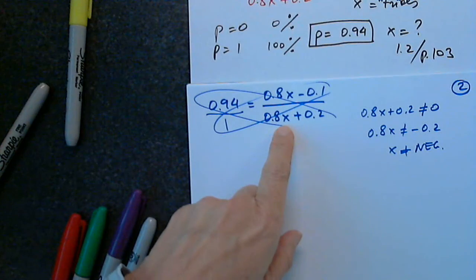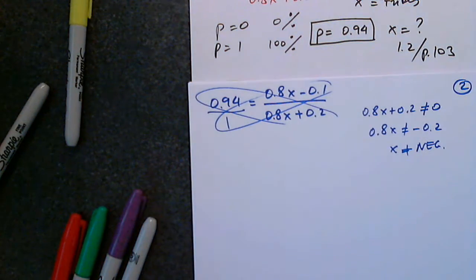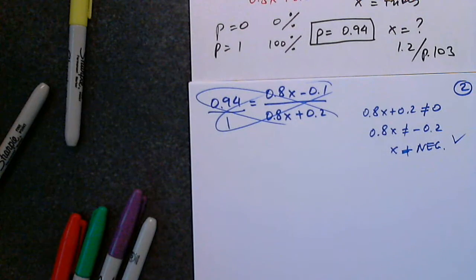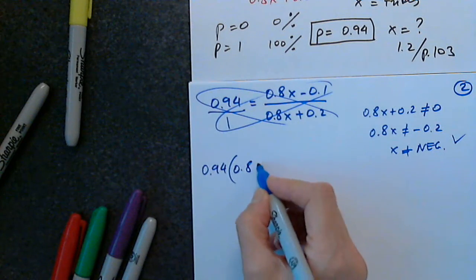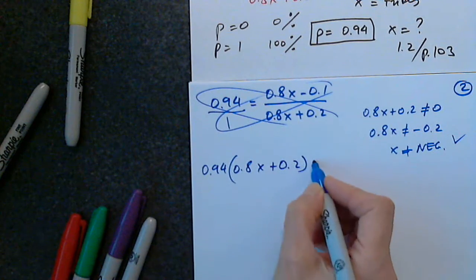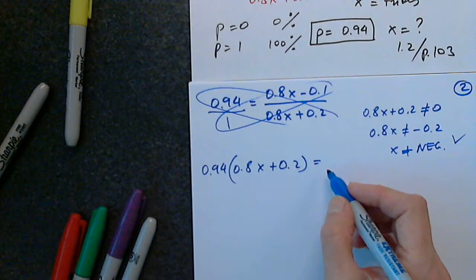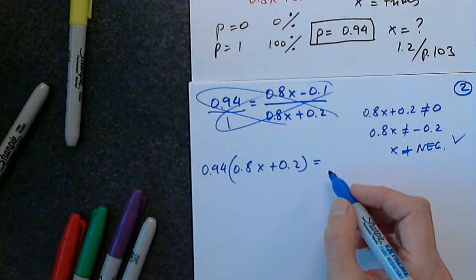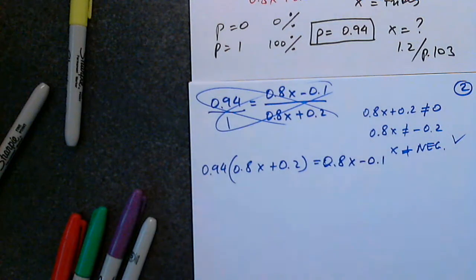So whatever x I have, number of trials times 0.8 plus 0.2, this will never be 0. So this is already fulfilled. I don't have to state restrictions. So then I will write 0.94 times 0.8x plus 0.2 must equal 0.8x minus 0.1. Very good.